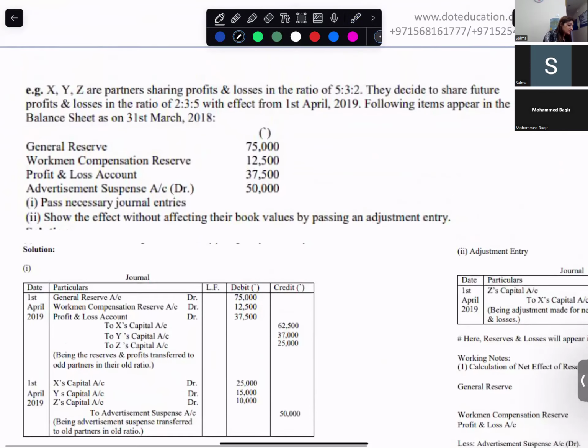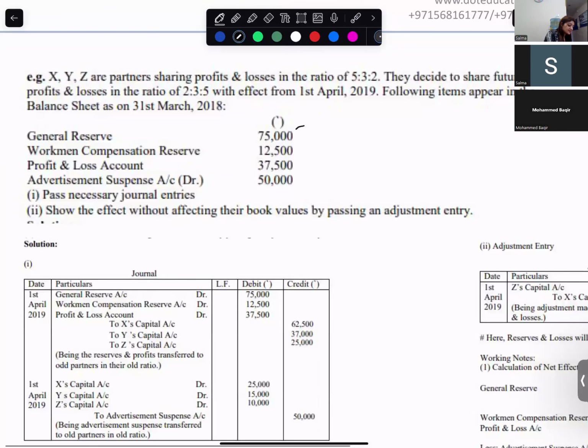This is your undistributed profits. So undistributed profits would be debited and distributed amongst the partners in their old ratio. So the total of the undistributed profits is how much? It is 75,000 plus 12,500 plus 37,500.